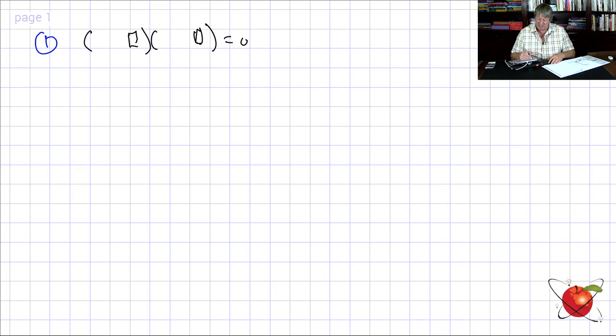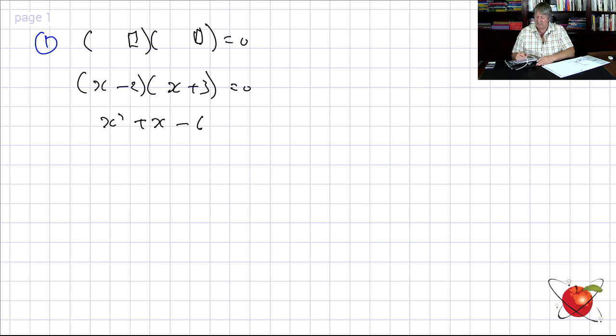Because your calculator, for example, let's just do a very simple one. Let's say I got x minus 2, x plus 3. That comes from x squared plus x minus 6, doesn't it? Minus 2x plus 3x is plus x, and it's a minus 6. So if we put in the calculator, we'd put in a 1 there, plus 1 there, minus 6.